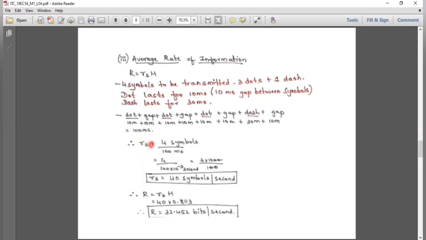Therefore, the symbol rate R is: we are transmitting 4 symbols in a duration of 100 milliseconds. Convert milliseconds to seconds, which gives us 4 divided by 100 into 10 raised to minus 3 seconds. Therefore, symbol rate Rs will be 40 symbols per second.